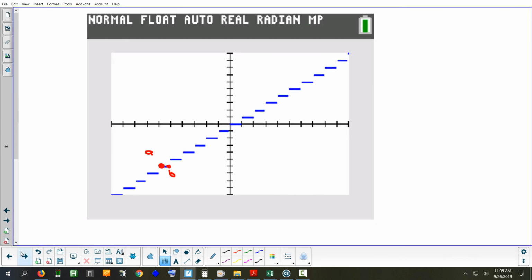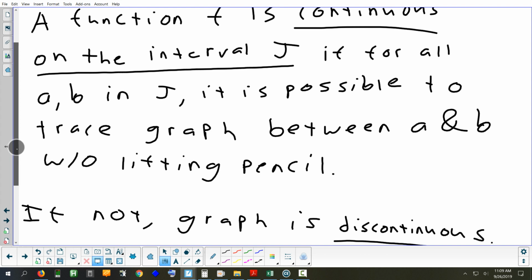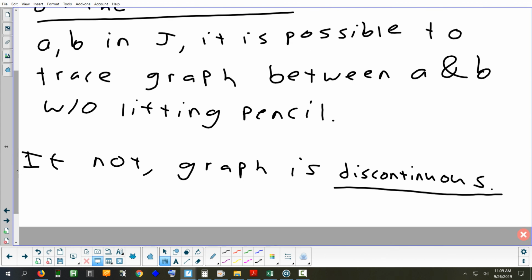This graph right here doesn't have asymptotes. That's a different reason why there's a discontinuity in the graph. Okay? We just call it like a break. Right? And there's one more type of discontinuity that's really hard because you can't see it. You have to know that it's there because the graphing calculator can't tell you it's there. Even like my new one, you can't. So we'll talk about what that one's called.